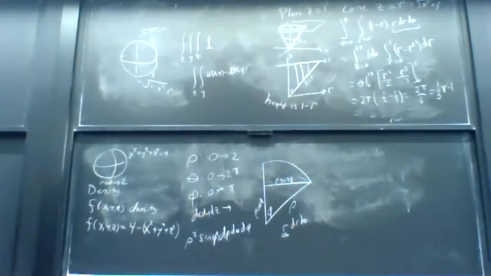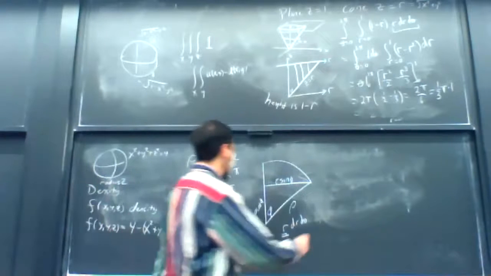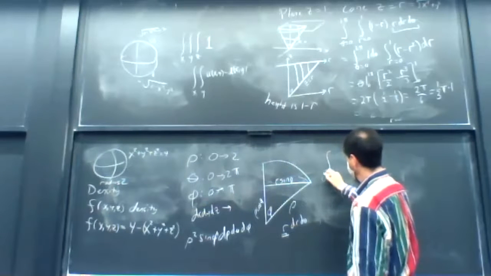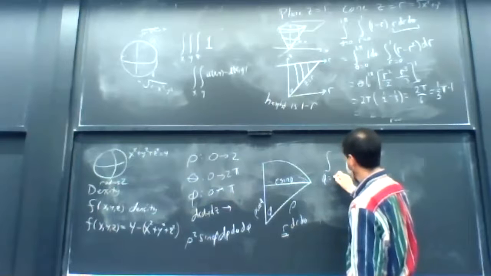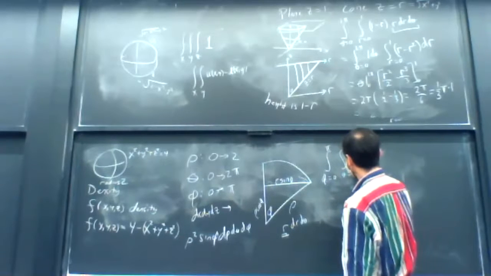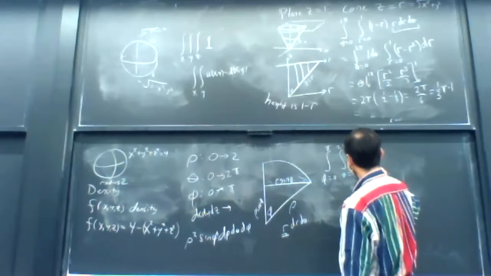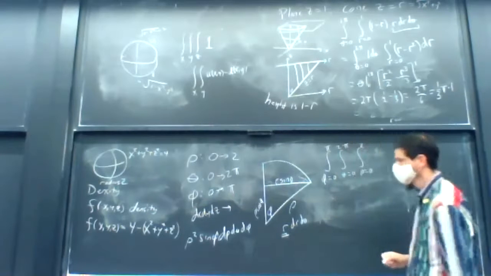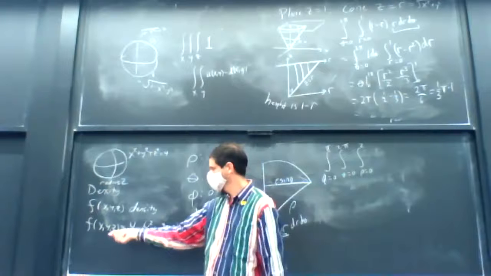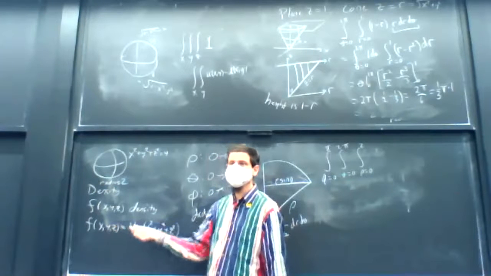Okay, so now we need to do the integration. So I'm going to integrate phi goes from 0 to pi, theta goes from 0 to 2 pi, rho goes from 0 to 2. And then what is my function f of x, y, z when I replace x, y, and z with all the different stuff?